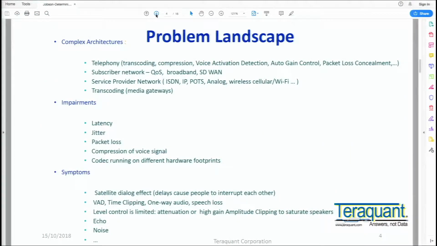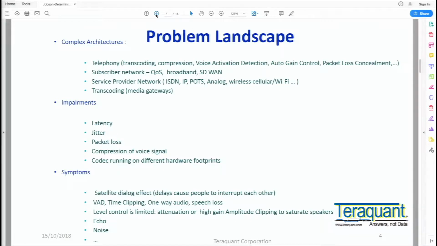So yeah, a bit small print here, but in the telecom network, whether it's enterprise or service provider, we have complex situations. We have transcoding and compression going on. We might have voice activation detection. So in order to save bandwidth on the network, if we don't speak, we don't send packets.